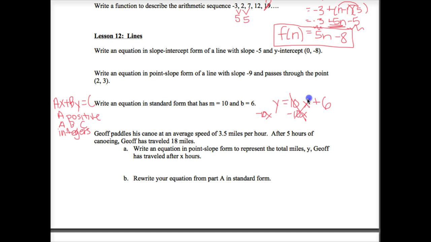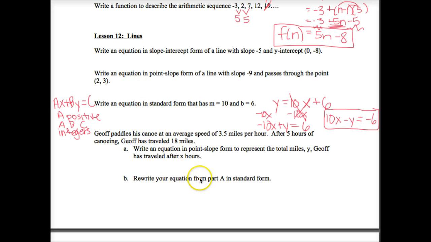So these cancel. I've got negative 10x plus y equals 6. This is still not in standard form because my a is not positive. So I have to change all my signs. You can't just change one, change them all. So positive 10x, negative y equals negative 6. So this is my standard form answer.